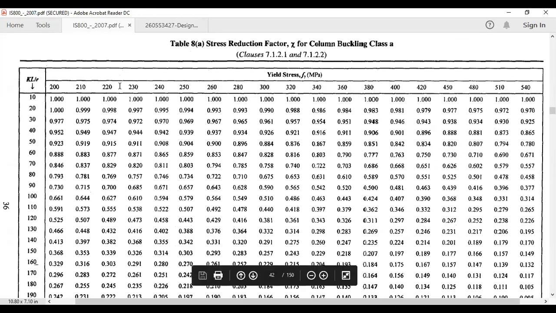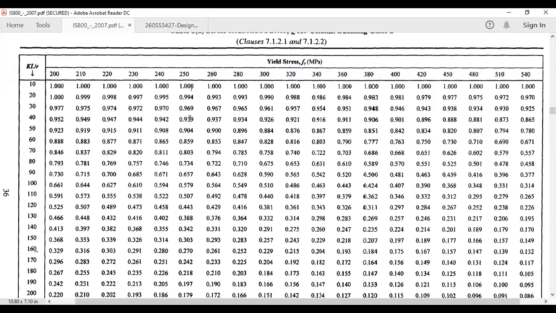And these are our yield stress, in MPa or Newton per mm square. Normally we use 250 as our yield stress. For the required KL by r ratio, we'll interpolate the stress reduction factor if we are using table 8.